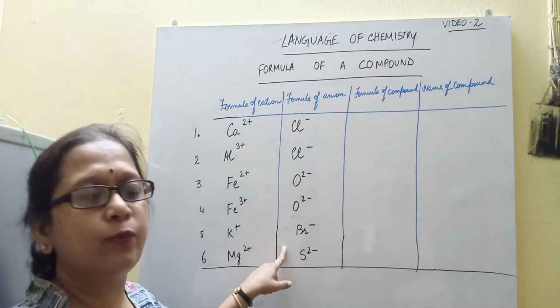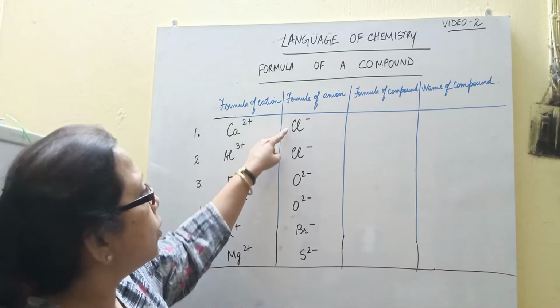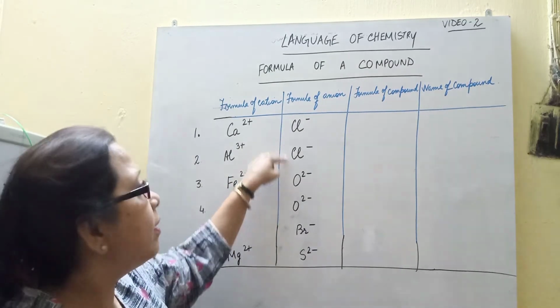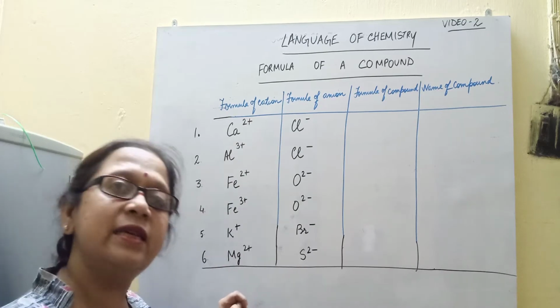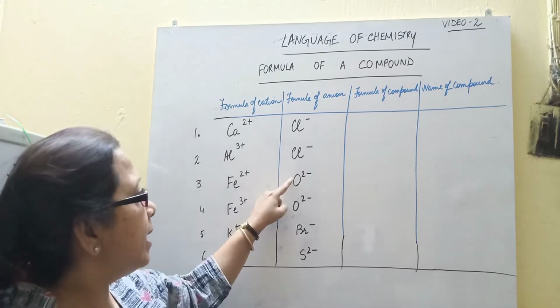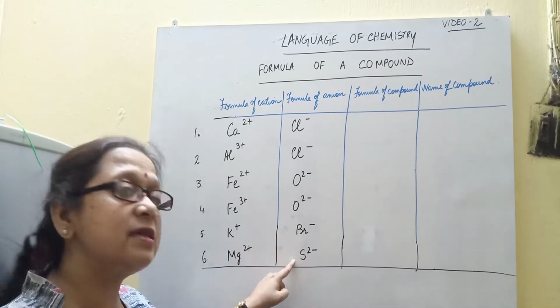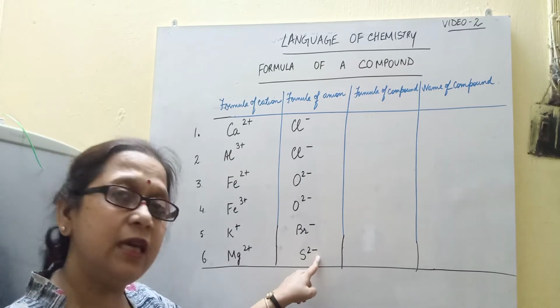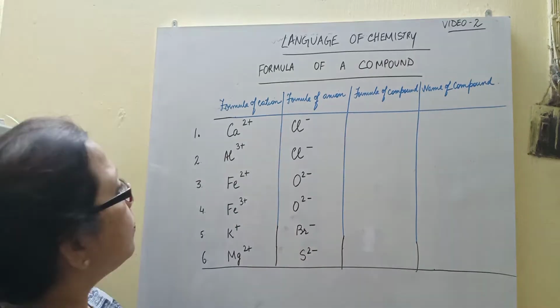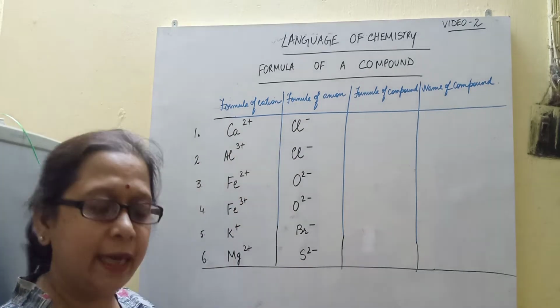Similarly, anions are also represented from the charges, which give its valency. Chloride has a -1 charge, so its valency is 1. Oxygen, or oxide as we call it, has valency 2. Bromide valency is 1, and this is sulfide with valency 2. Now suppose I have to write the formula between calcium ion and chloride ion.